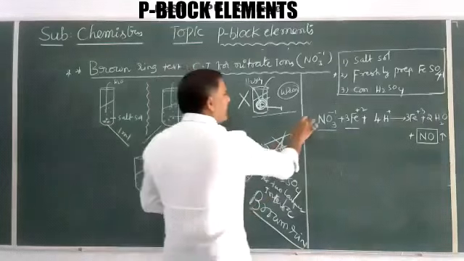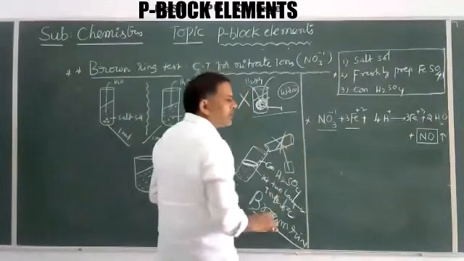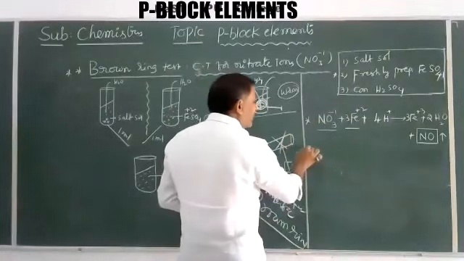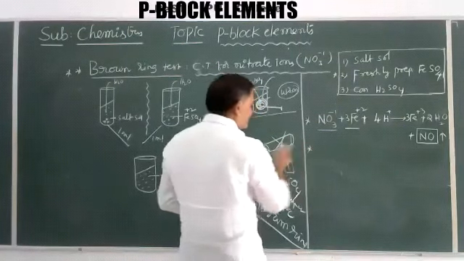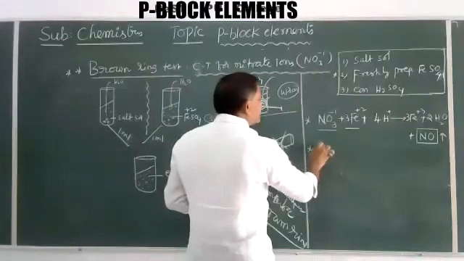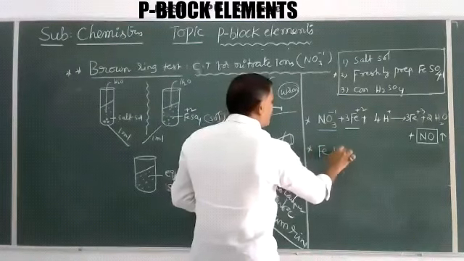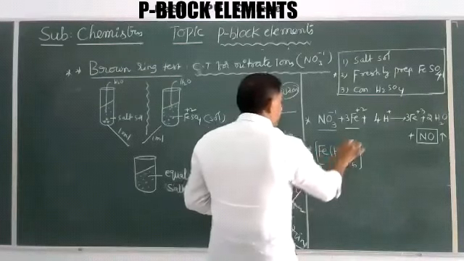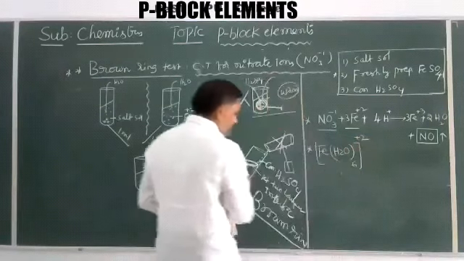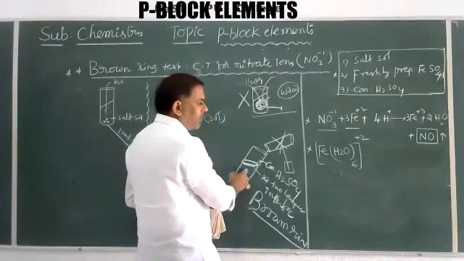This is a very important reaction. The liberated nitric oxide gas is immediately absorbed by a complex. That complex is formed in the solution, that is Fe(H2O)6 2+. It is a complex formed in this salt solution.